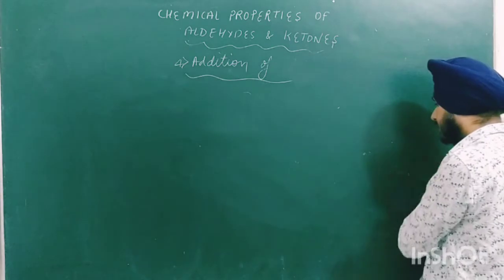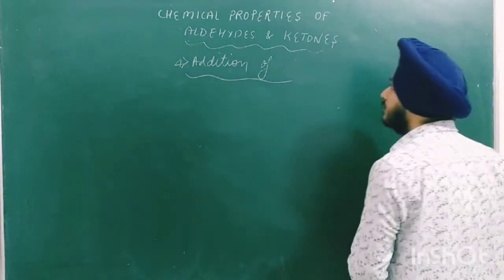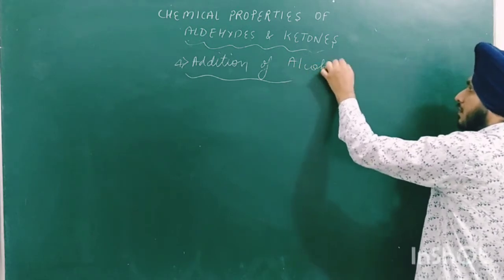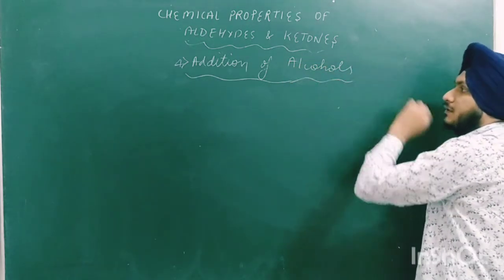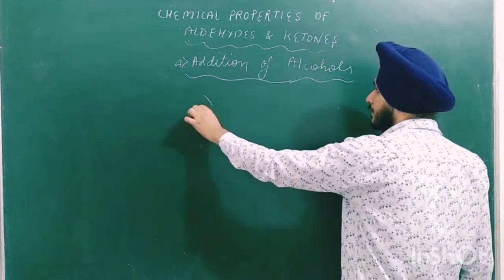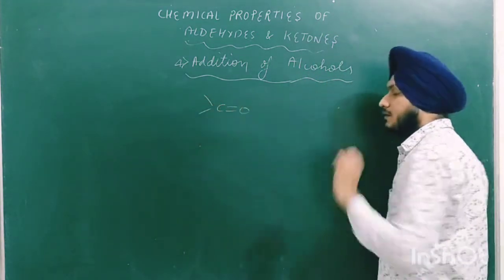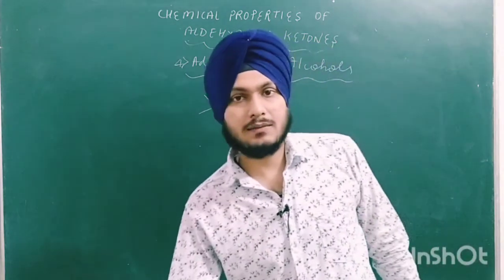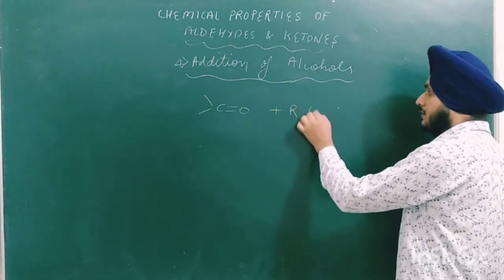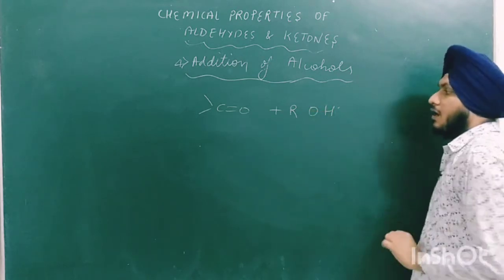Now what are hemiacetal and acetal? So addition of alcohols leads to the formation of acetal and hemiacetal. Now this is our carbonyl carbon, and we have to attack the ROH group.